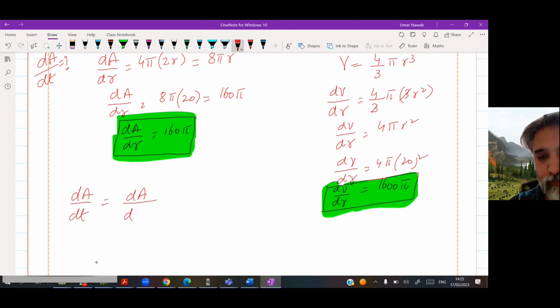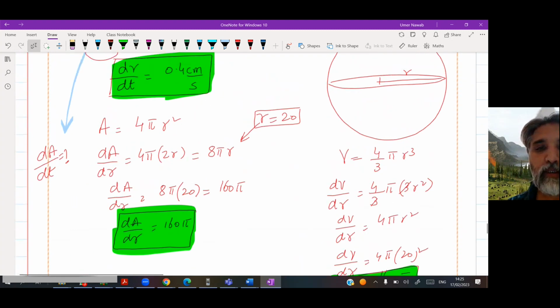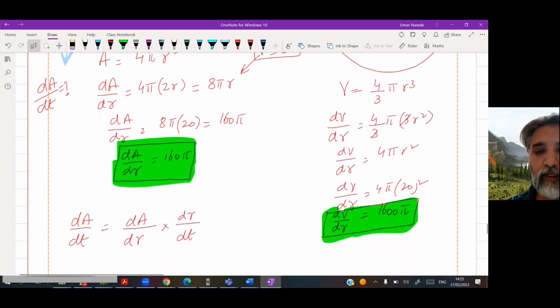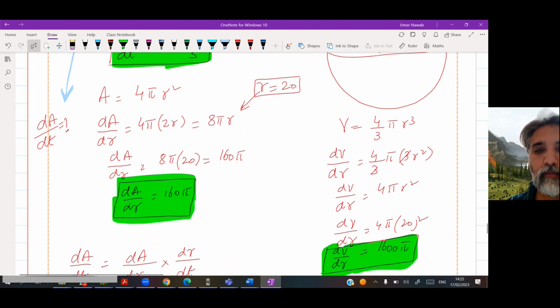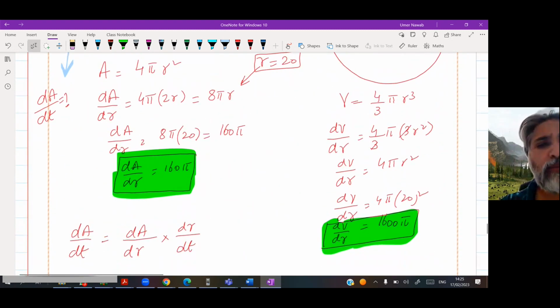So dA over dt, and I write here dr. Unfortunately, I don't have dr over dt given to me. Is it given? Oh, this is given. So dA over dr is given. Check what things are given. Radius increase is given, and so why did I find volume, guys? Look, everything is given to me.